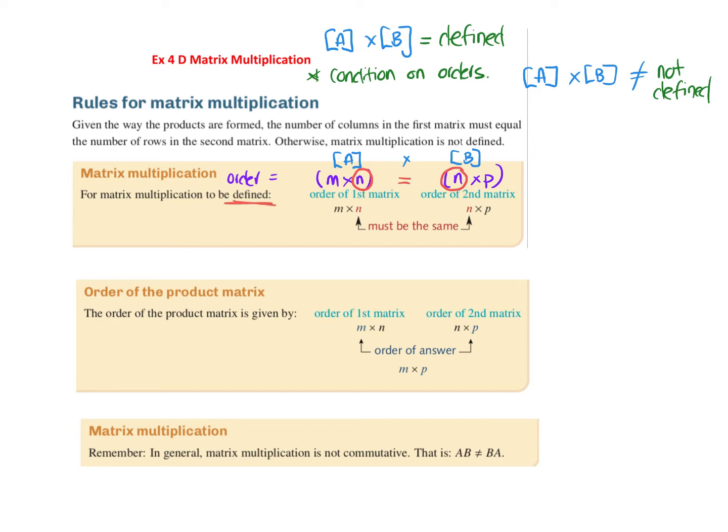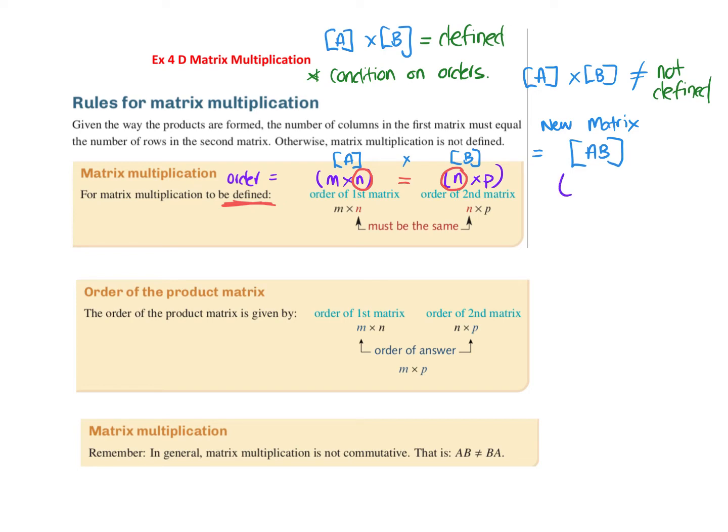You can see the word there, it's defined. Then you multiply these matrices and you get a new matrix, and we often label it AB, like I've timesed them together.